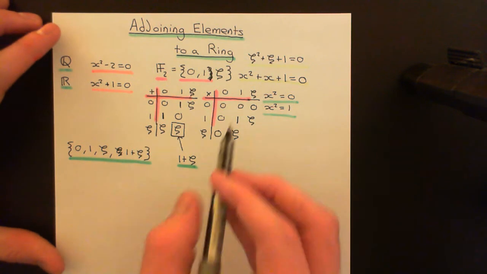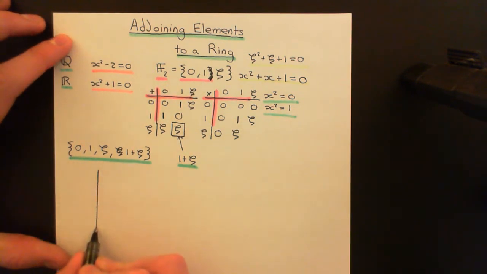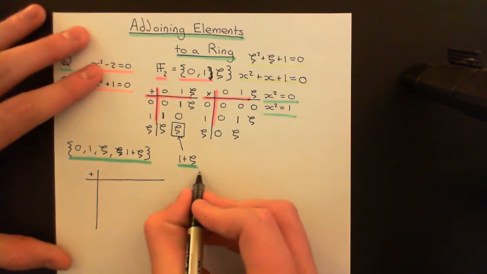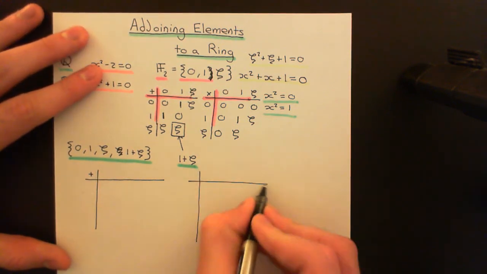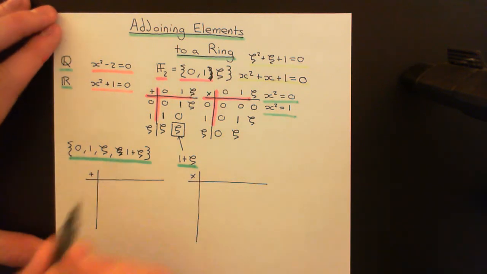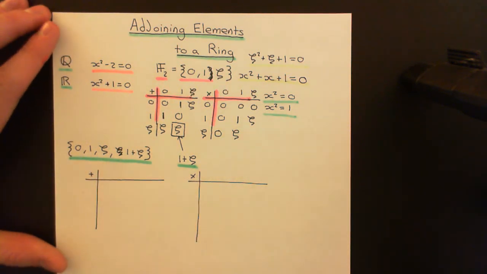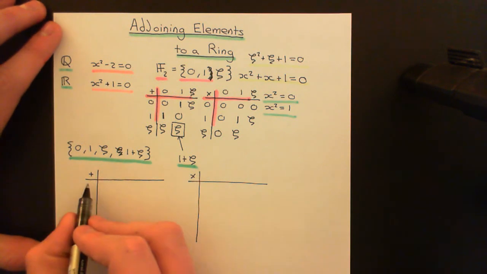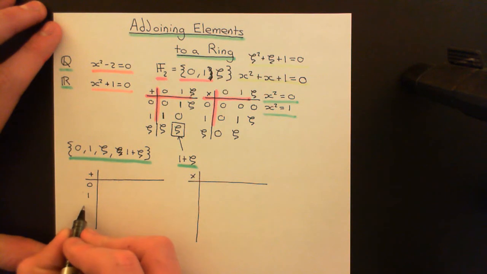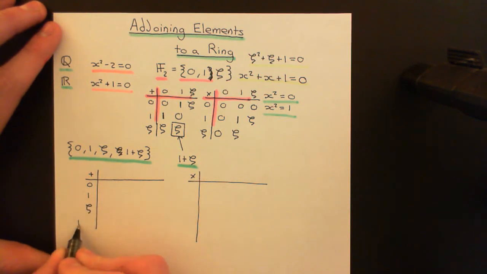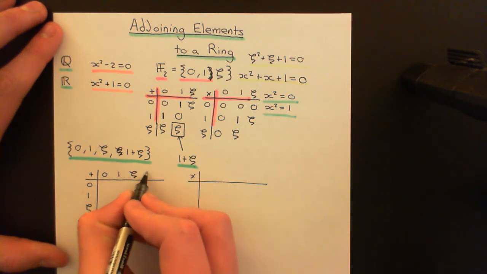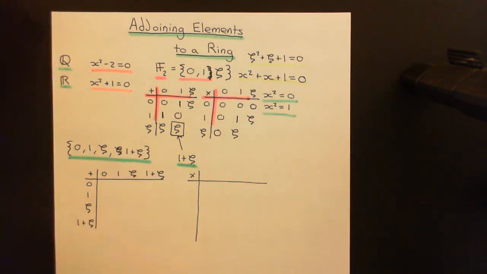Okay, so this is why I didn't leave enough space, so we are going to have to redraw the addition and multiplication tables, I'm afraid. So here is my new addition table, and here is my new multiplication table. Now, I need to put every single one of the elements in my new ring extension in a title for a row and every single one in a title for a column, so I'll get on with that. 0, 1, zeta, and 1 plus zeta, and then we'll have it up here as well, 0, 1, zeta, and 1 plus zeta here.